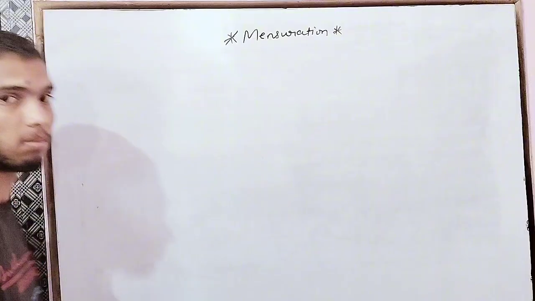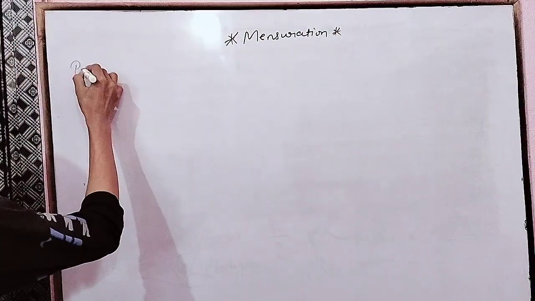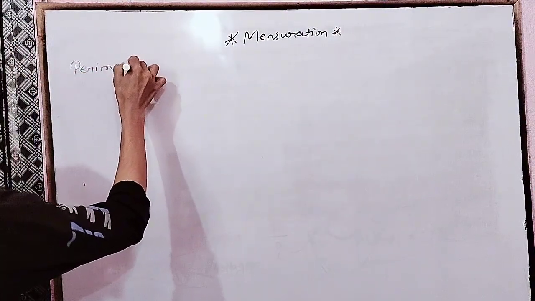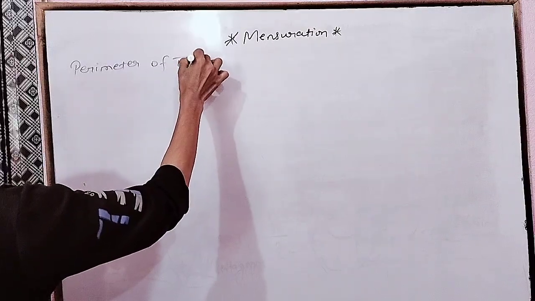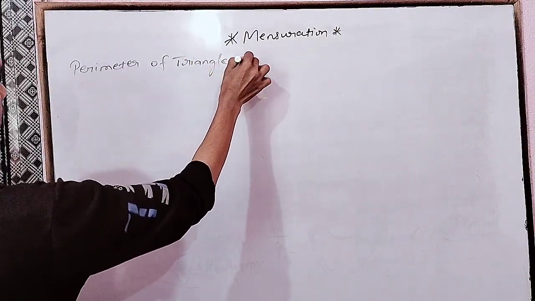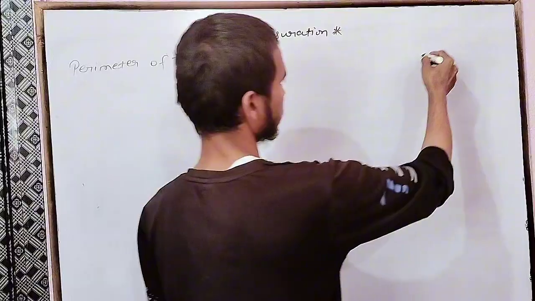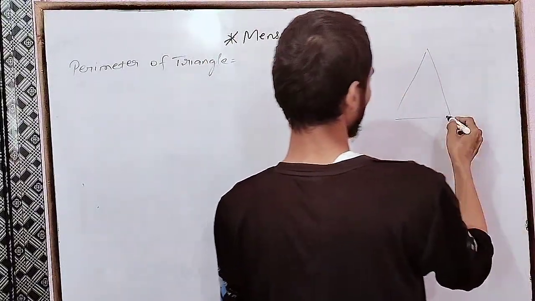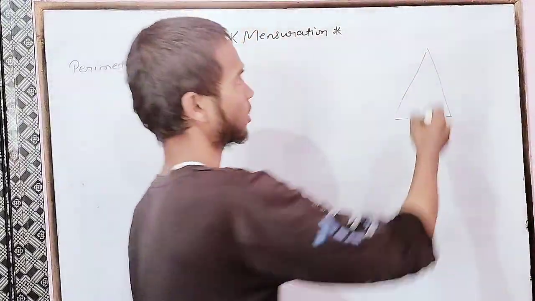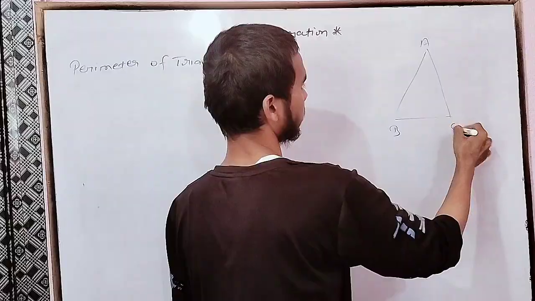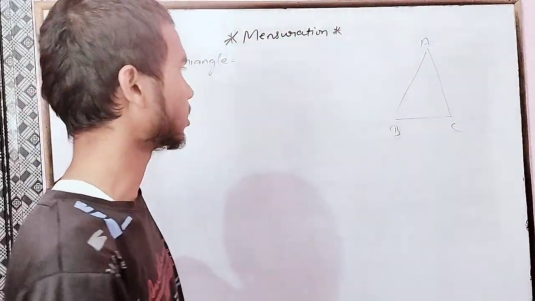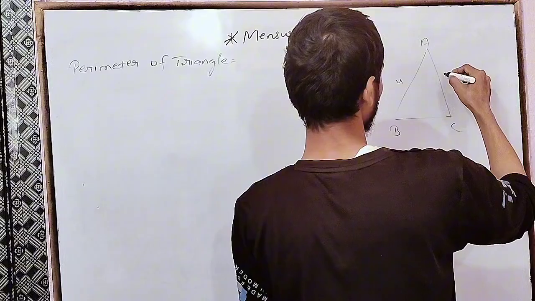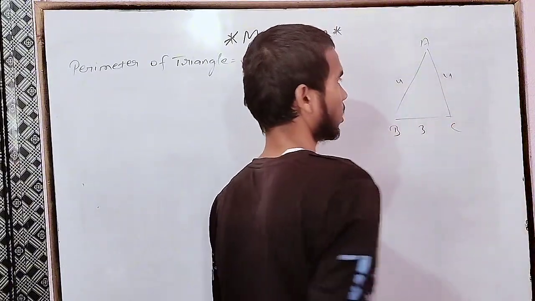To find the perimeter of a triangle, let's name it A, B, C. Let's say the sides are 4, 4, and 3.